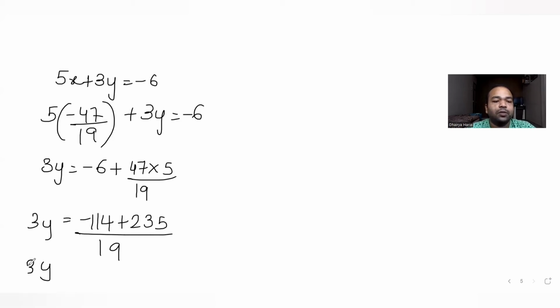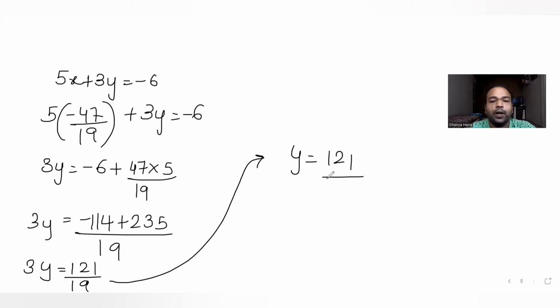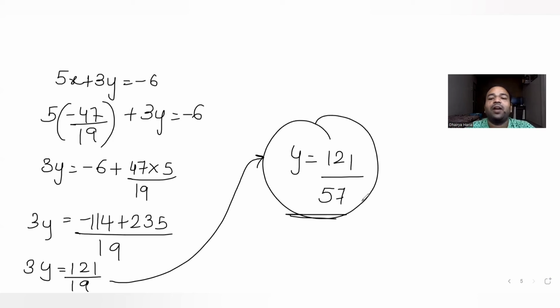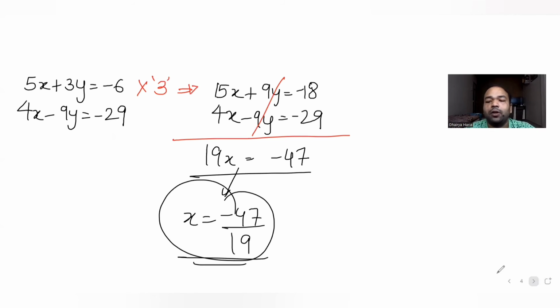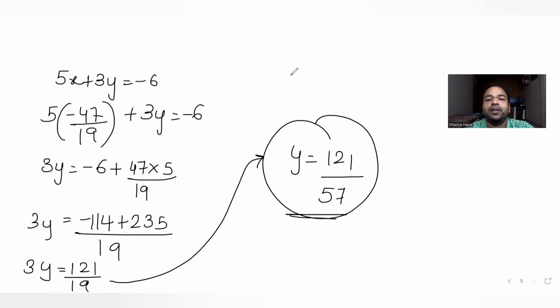So 3y becomes 121 by 19, or in this case, I get y as 121 by 19 into 3, which is 57. So I have x with me, I have y with me here. Once I get the coordinates x and y, those are the coordinates of the orthocenter. One is minus 47 by 19 and the other is 121 by 57.